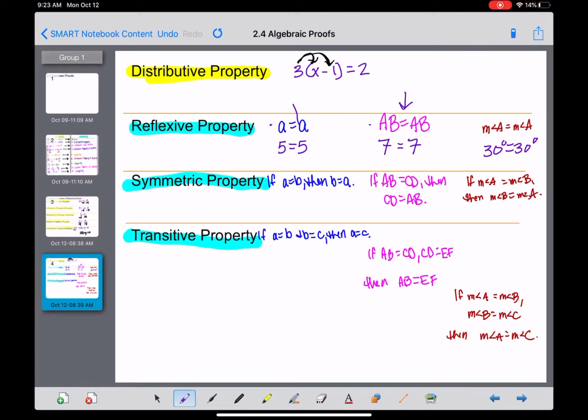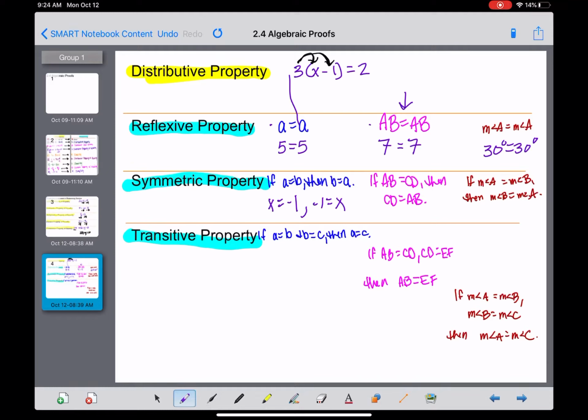The symmetric property means that if we flip our equation around, then it still has the same value. So if I know that, like in our last example, x is equal to -1, that's the same as saying -1 is equal to x. I'm allowed to simply turn the equation around.